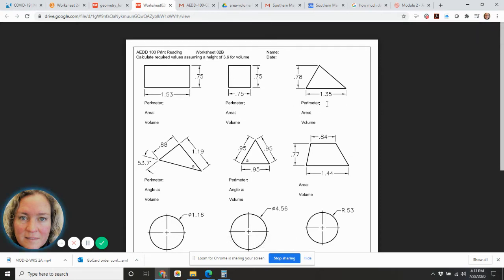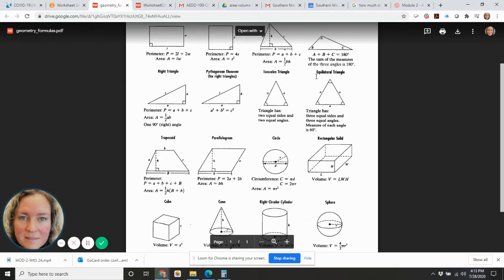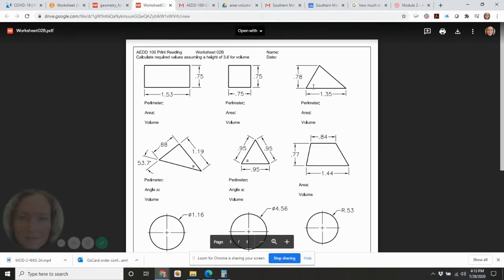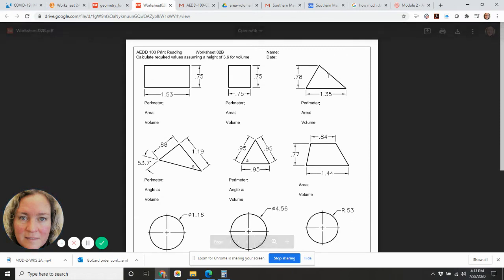However, perimeter is going to be problematic. How do we get the perimeter? Perimeter equals A plus B plus C, meaning the lengths of those sides. When we go back to our worksheet, we were not given the length of any other sides besides the base. So we cannot determine the perimeter of this triangle using just basic algebra functions.